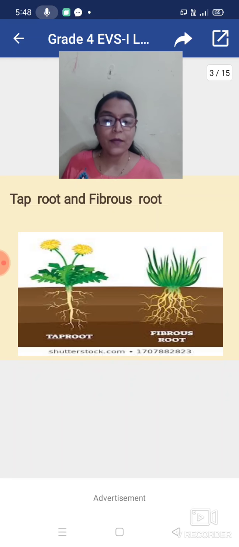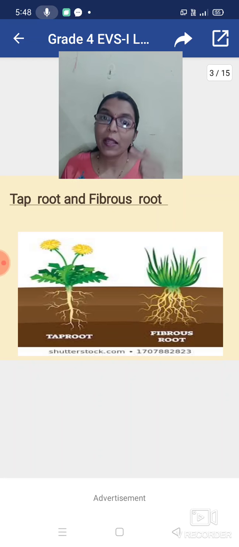In some plants the root has a thick structure, and that thick structure has some branches. It goes sideways, and that thick structure goes downwards. It is the taproot system. And some plants like aloe vera, the roots have thin fiber-like structures, and it is brown in color. So it is the fibrous root.